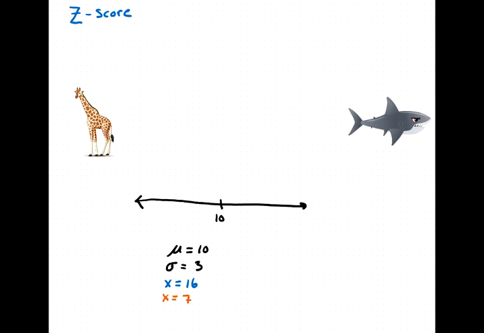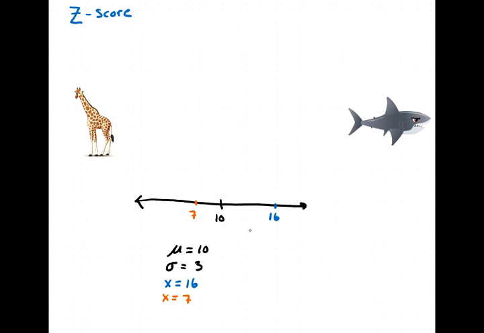Well, if we look at 16 on the number line, let's say it's maybe right about there, and we could put the 7 on the number line, maybe right about there. Now, how far apart are these numbers? Well, from 10 to 16, that's 6 units. So 16 is up 6 from the 10, or positive 6 units from the 10.